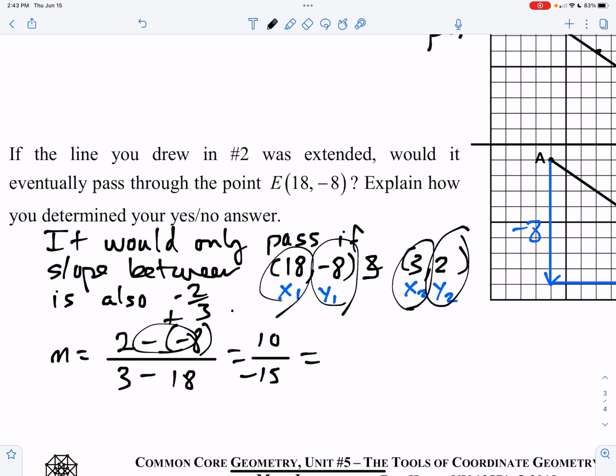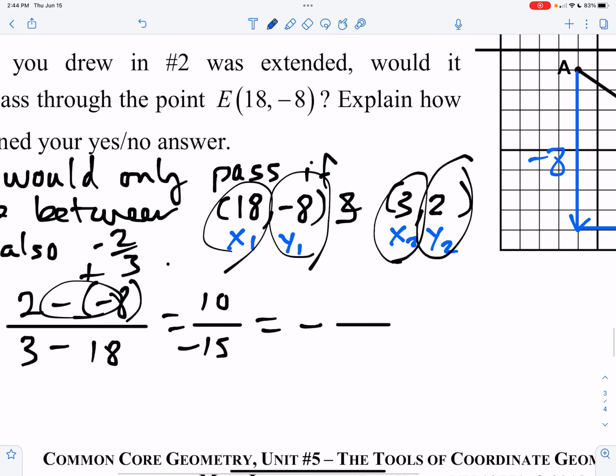Now, you could write this any way you want. So it's negative something. Now, what is that negative something? Well, I got to reduce this. The largest number that goes into 10 and 15 without a remainder would be 5. So we're going to divide 5 into both. And I get 5 goes into 10 2 times. And 5 goes into negative 15 3 times.